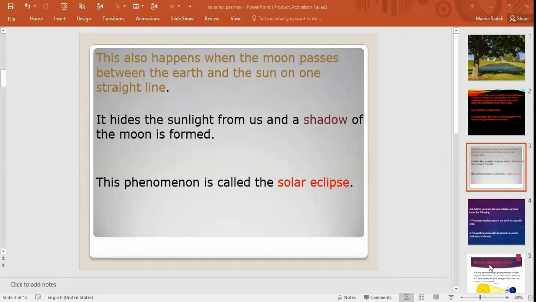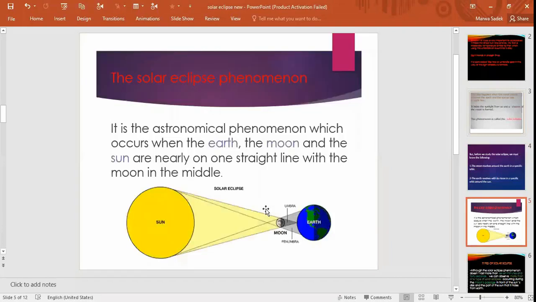Look with me at this picture. Here you can see the sun, the moon, the earth on one straight line. Which one is in the middle? The moon in the middle.